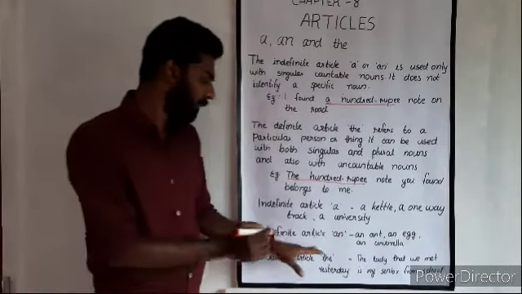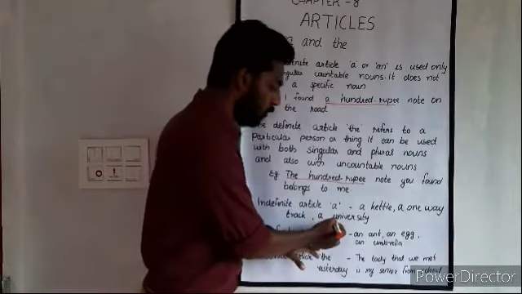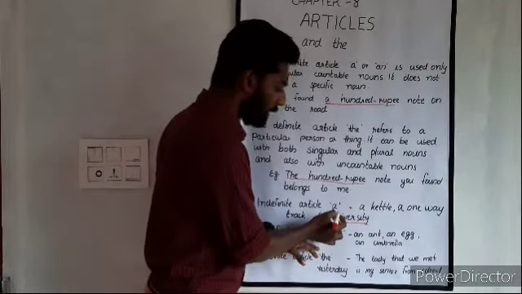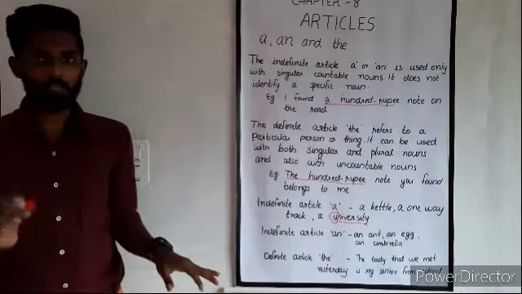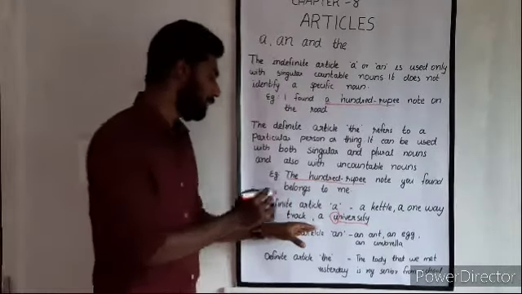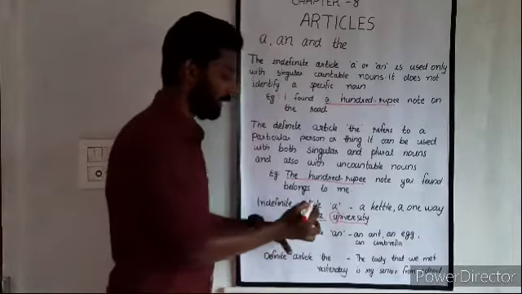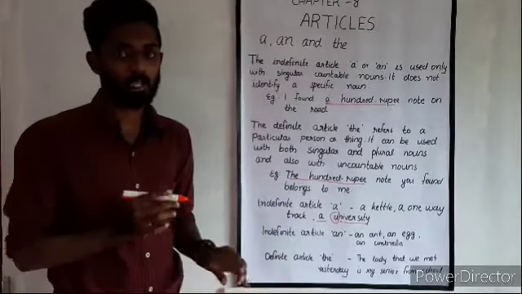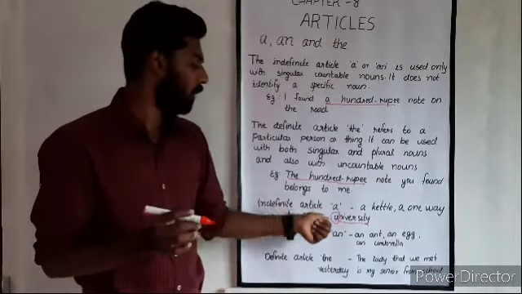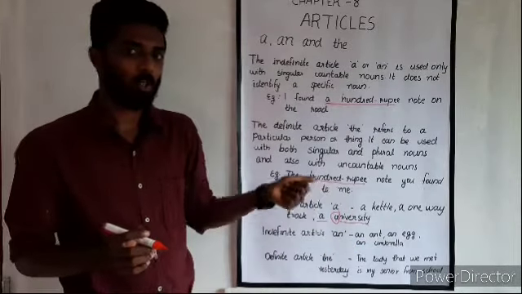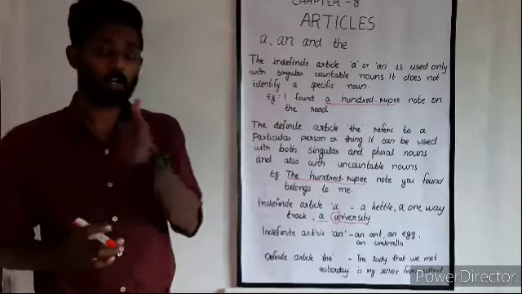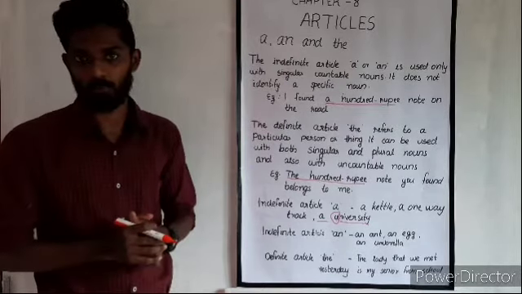As we know, the word university begins with a vowel letter, but we have used a in the phrase. You know why? Because the word university begins with a vowel letter but not with a vowel sound.